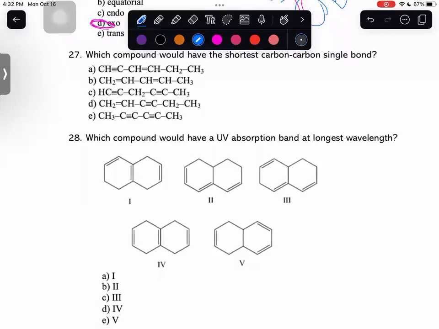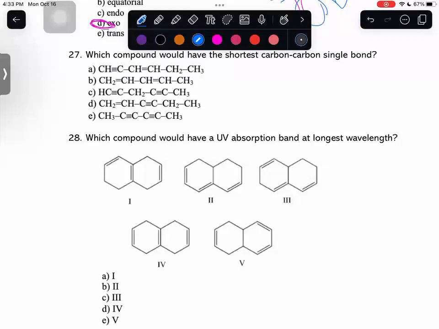Okay, 27 and 28. They should be very simple. Okay, answer for 27. E or C?